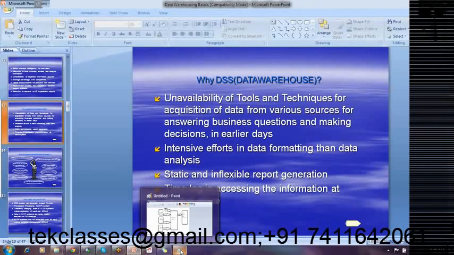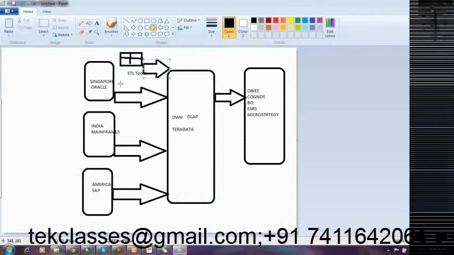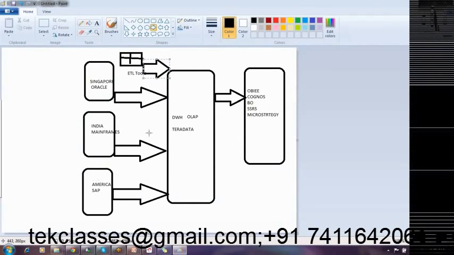Let's say if you have to do analysis from the OLTP system, you don't have technical tools available which will extract the data from all the OLTP systems and then represent it in a single report. There are no available tools which will show the information from all the OLTP systems in a single report.